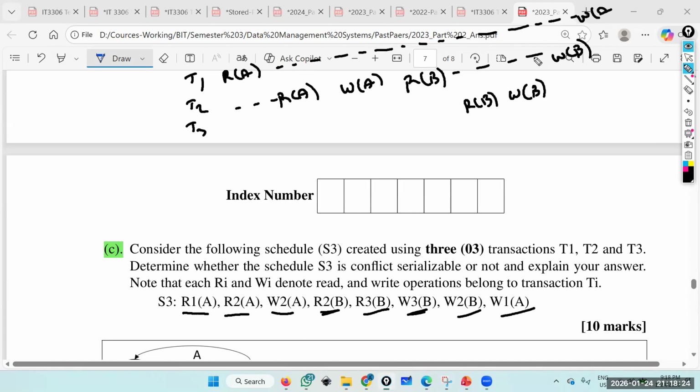Second transaction, third transaction. Right, so let's draw the precedence graph.